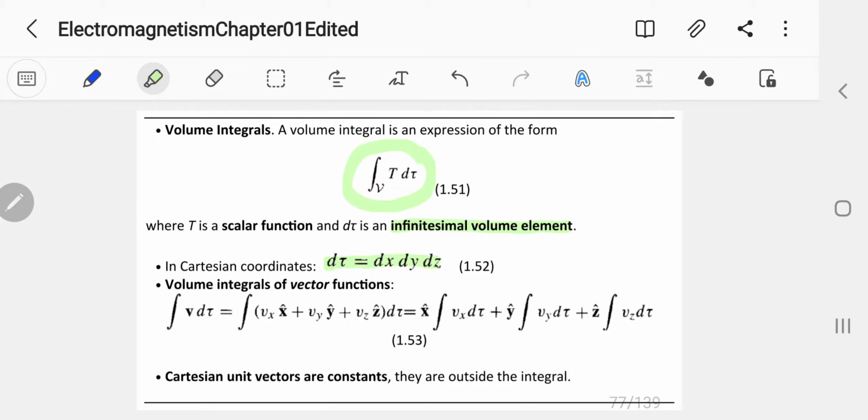If you have a vector function, then you split the vector function into its components before you can integrate with the volume integral. So here you have the vector function and its three components, and after some algebraic distribution, you will have this one and this one here.